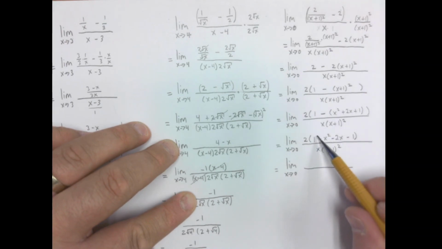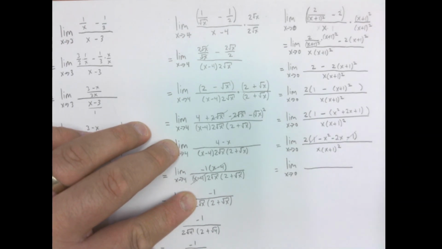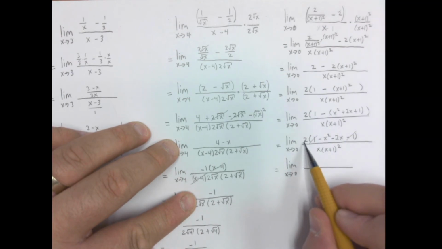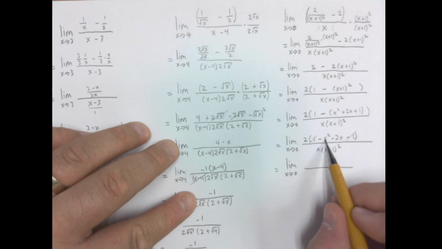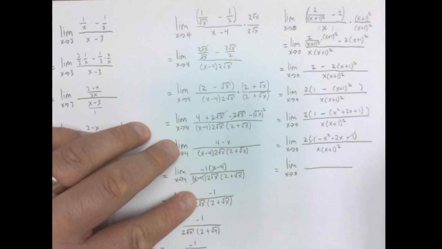Notice positive 1, negative 1. And then we have 2 times negative x squared minus 2x.